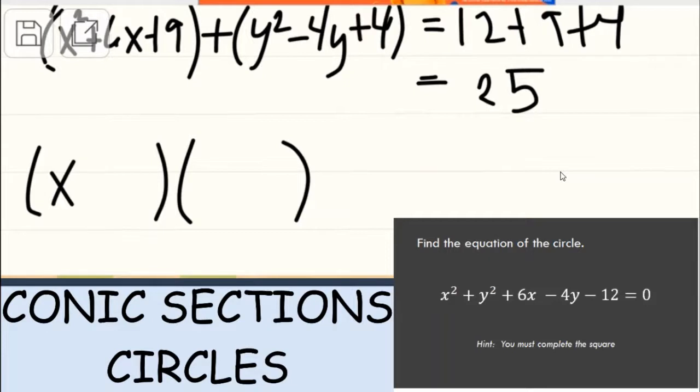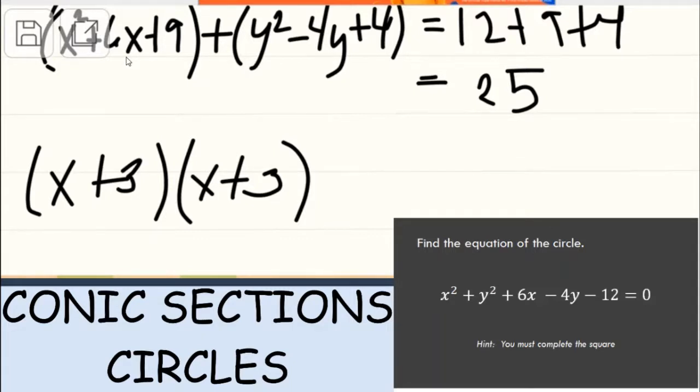So, ganun lang yung technique doon. So, it can be 3. Kasi, 3 plus 3 is equals to positive 6, and 3 times 3 is equals to 9. So, that's why this is the factor of x squared plus 6x plus 9.